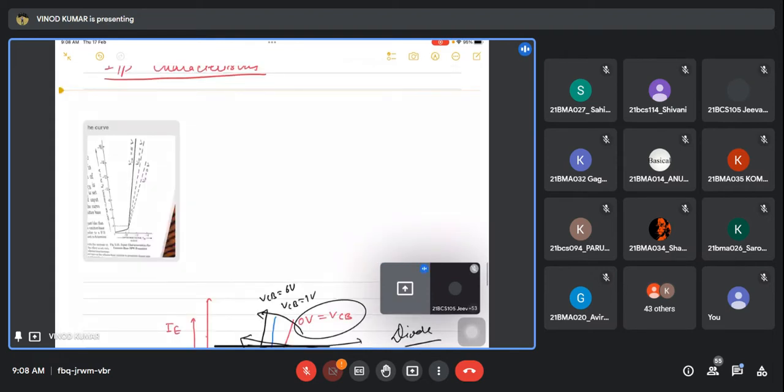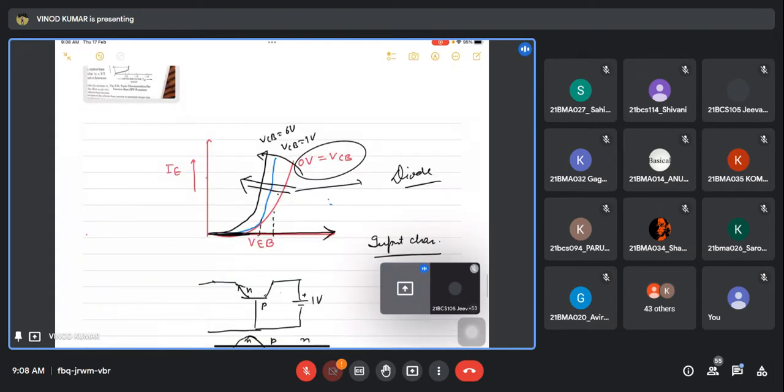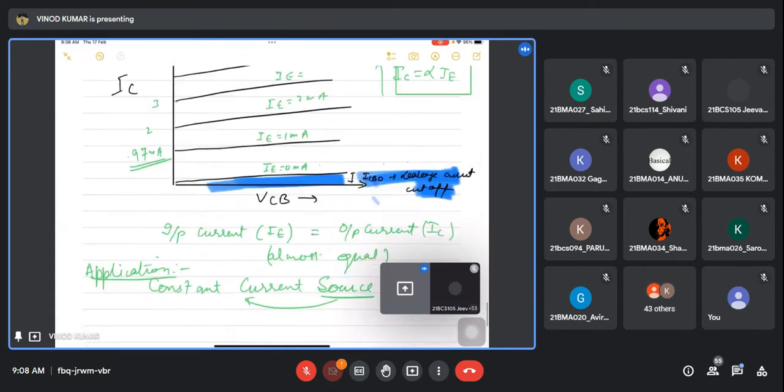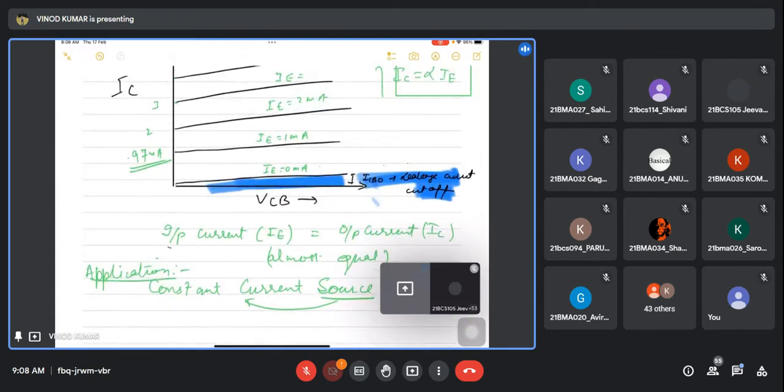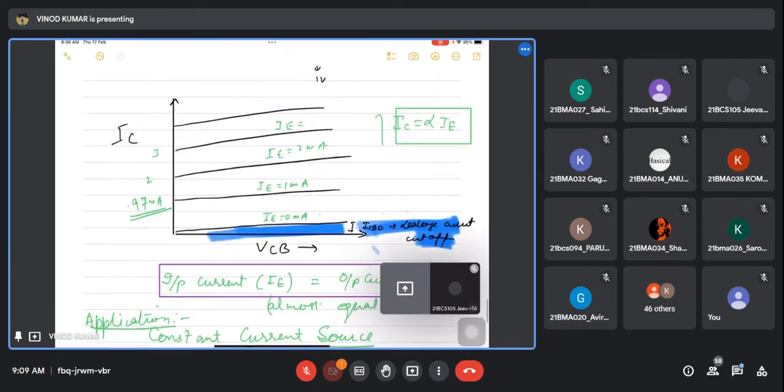So we have seen the characteristics. This is how it is going to vary, and this is because IC is approximately equal to IE actually. That is also reflecting here.